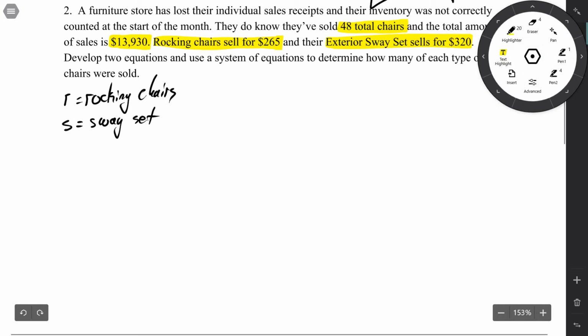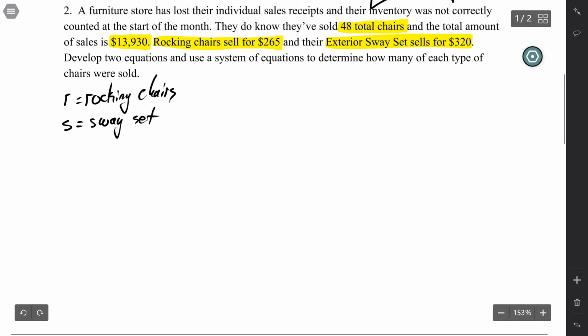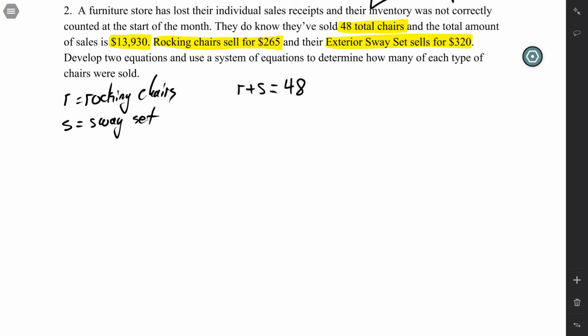So we know that R plus S equals 48. We also know that rocking chairs sell for $265 a piece. So for every rocking chair sold, we're going to multiply that by 265. So 265R plus 320S.